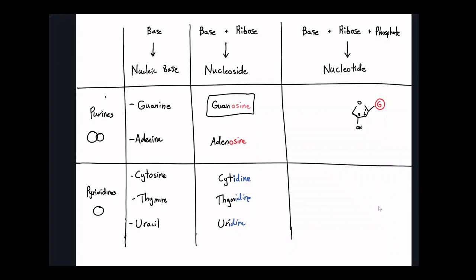That's how you know it's DNA. And this is now connected, carbon 4 and 5, to a phosphate group. Without the phosphate, this whole thing is called guanosine. This is called guanine. And this is now the full complete nucleotide. We call it guanosine monophosphate.